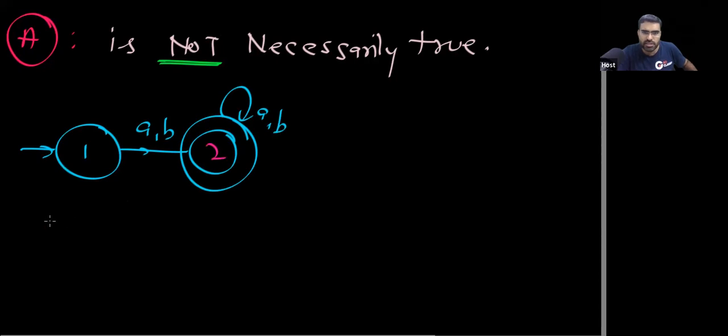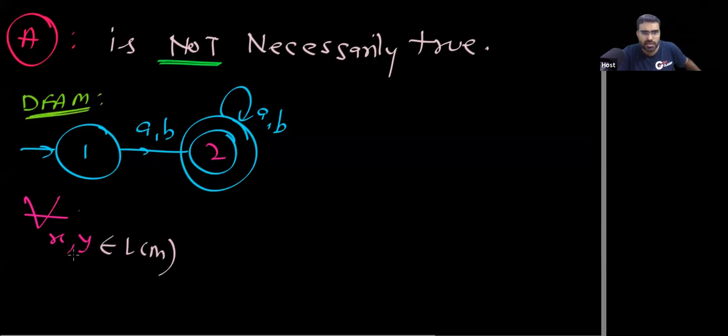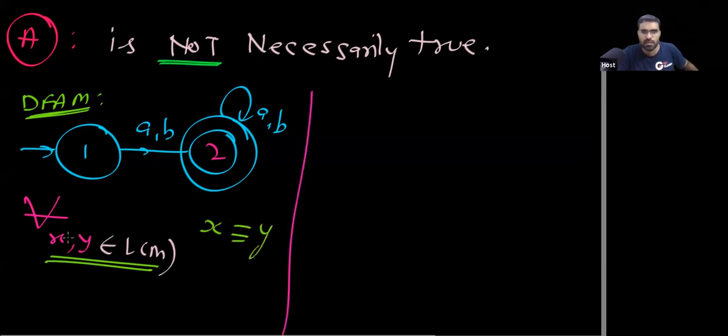In this, you can notice that for all x, y in L(M), every two strings are equivalent. Yes or no?